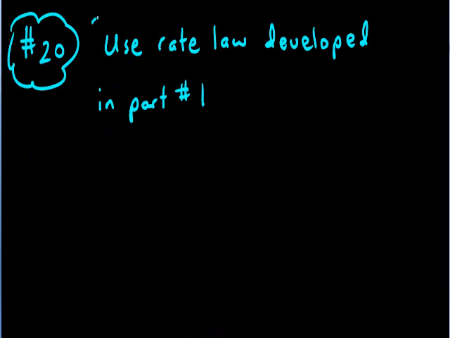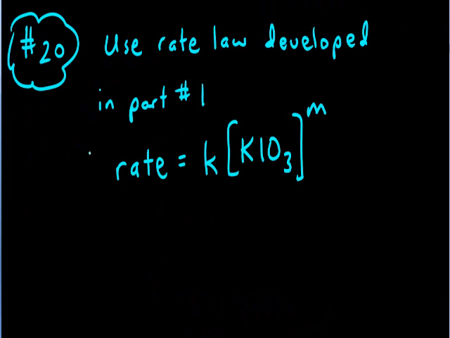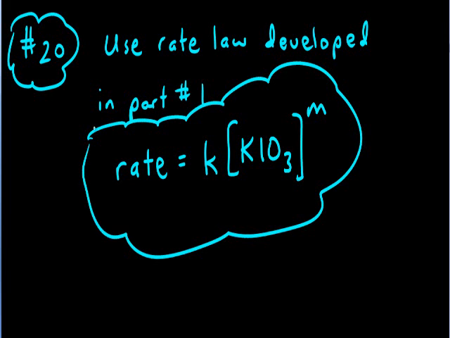Let's next take a look at question number 20. To do number 20, we have to use the rate law that we developed from part number 1 in the lab exercise. Once again, our rate law would be the expression rate is k times the concentration of our chemical KIO3, which was our chemical A in the lab exercise, raised to some exponent, which is the order of reaction.